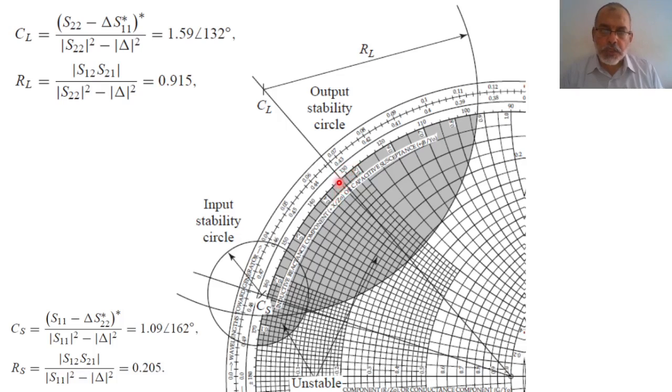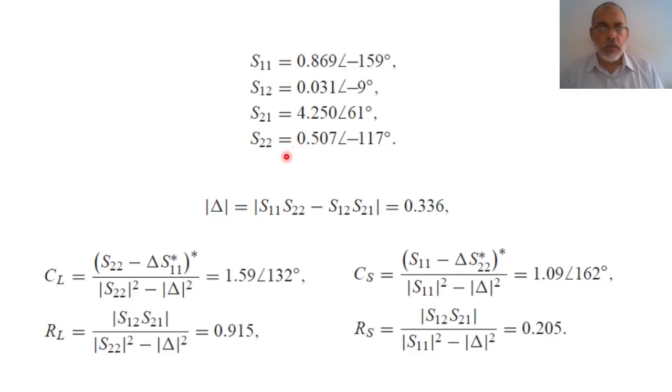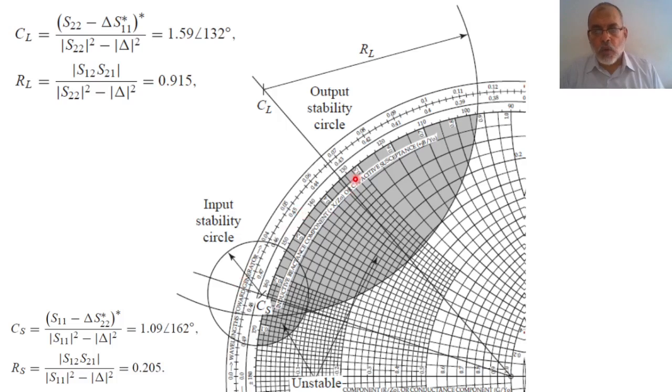I'm going to take a line from the origin of the Smith chart to this point and extend this line until the length from 0 to the point CL is 1.59 of this unit length. Okay, so this is the location of CL.